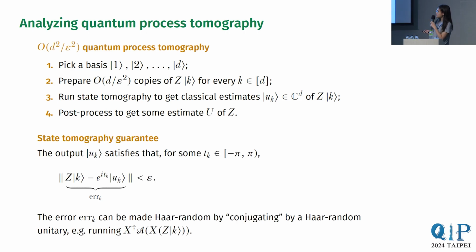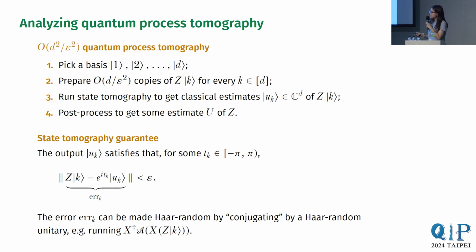Now, the state tomography guarantee that you get with d over epsilon squared copies, because we need d squared over epsilon squared copies, so it's d over epsilon squared per column, is that our output vector is close to the true value of this column in Euclidean distance, or L2 distance, up to some phase that we don't know.